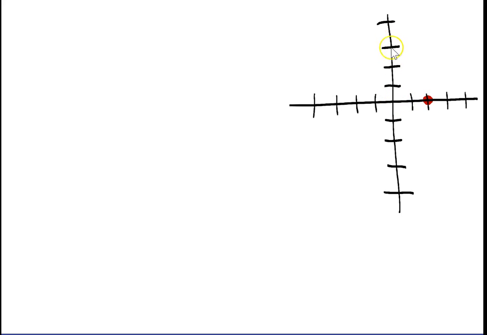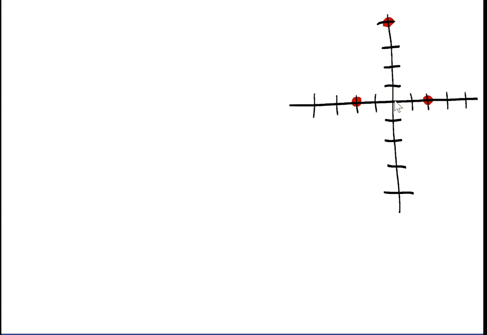So what happens at pi over 2? Look at your previous slide: 4, pi over 2. So I'm here, and that gives me an idea of what I'm going to be doing. And at pi, I'm out 2 units. So there it is. Now I'm going to fill in the rest of them and see what they look like.